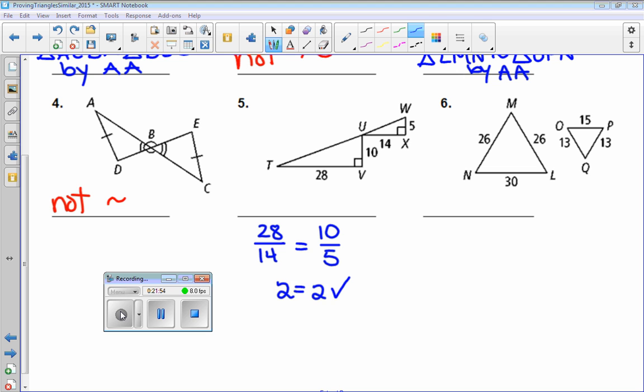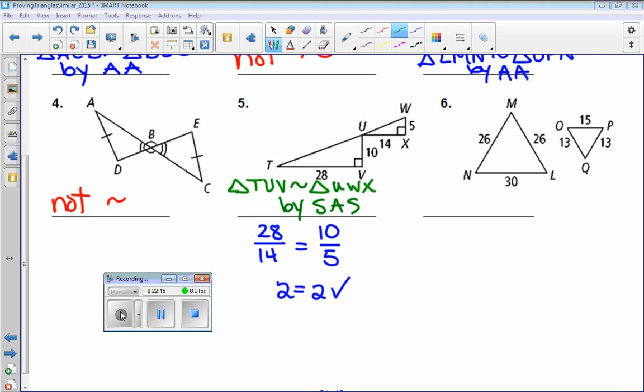So therefore I can say that triangle TUV, and again, if you didn't write it in that order, as long as it corresponds, that's okay. So TUV would correspond to UWX by side, angle, side.